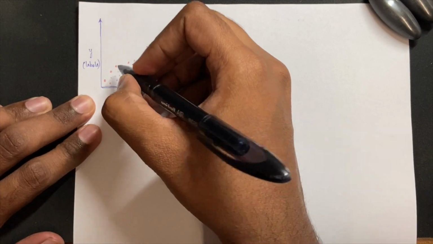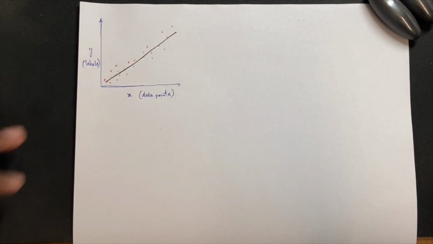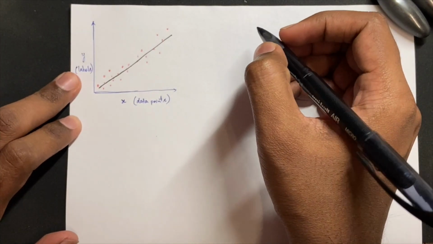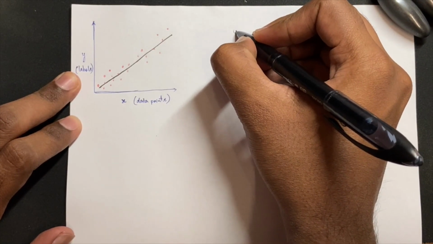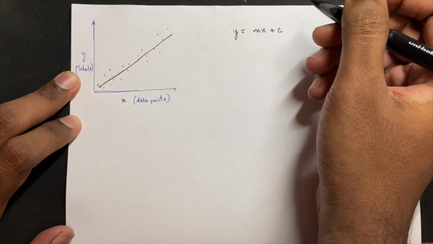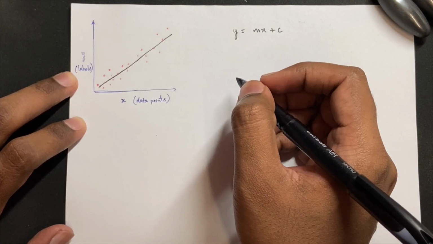And that's going to look something like this. So as we discussed earlier, we would represent this linear model using a mathematical equation that is y equals mx plus c. And you already know that this is an equation of a straight line.